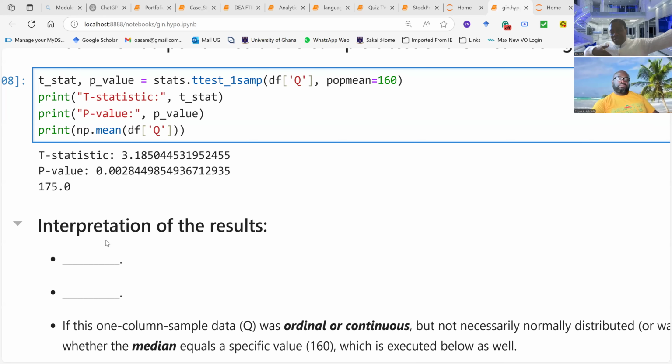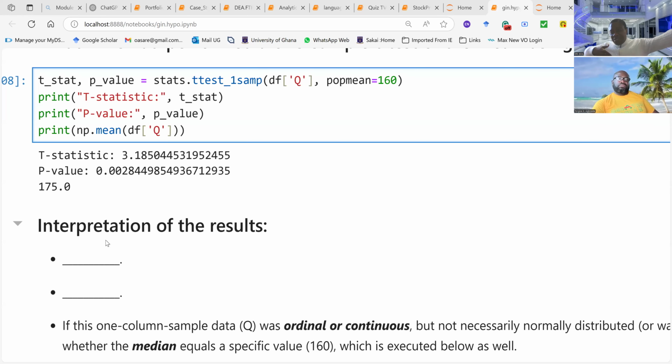I've created a command here for that purpose. I've created a statistic with a p-value, and I check whether this Q, which is the quantity demanded, using the Shapiro test, is normally distributed. I've given a definition here that if the p-value is bigger than 5%, that is 0.05, then it means the data is normal.